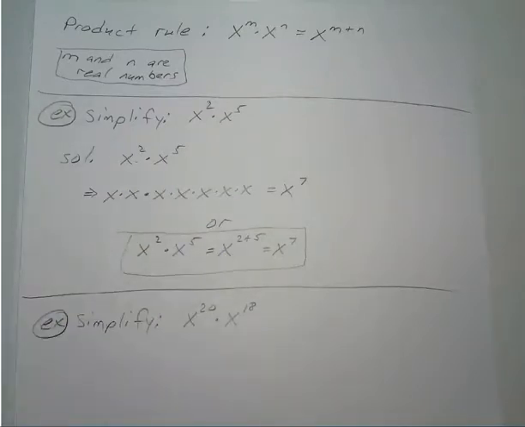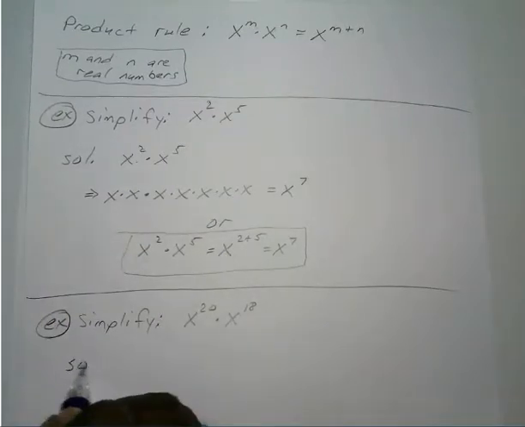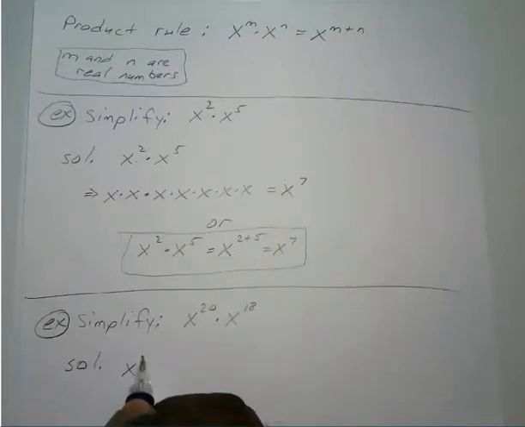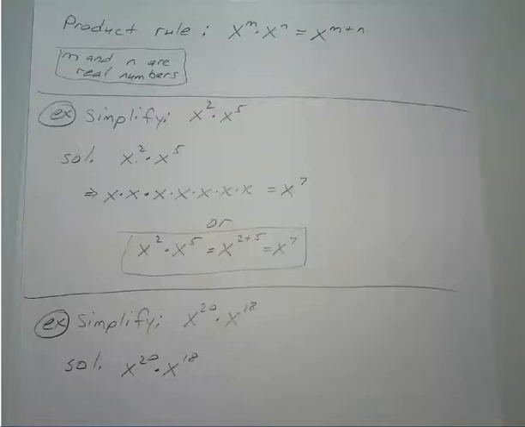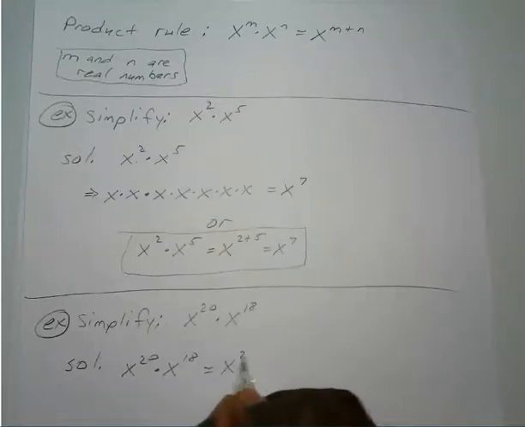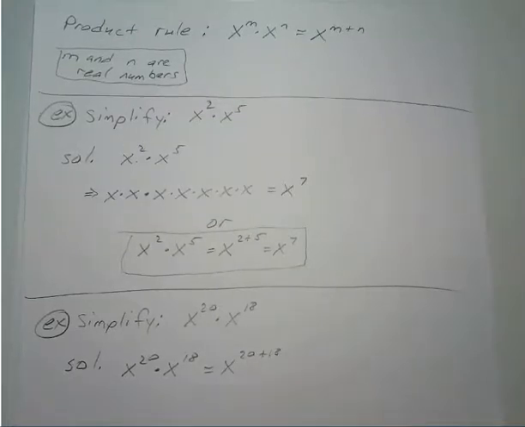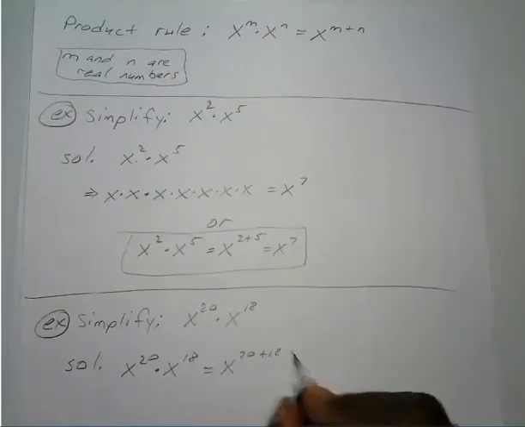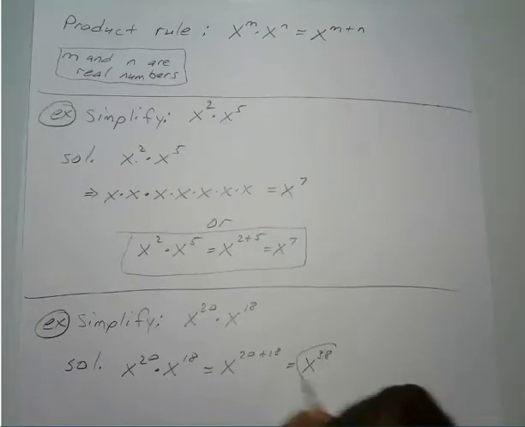It's just a whole lot easier to know that x to the 20th power times x to the 18th power is just x to the 20 plus 18, which is x to the 38th power.